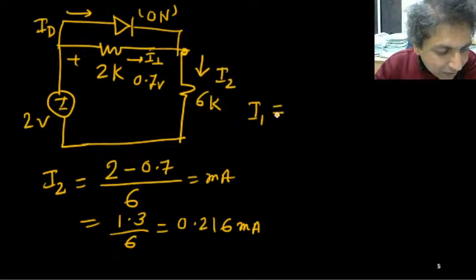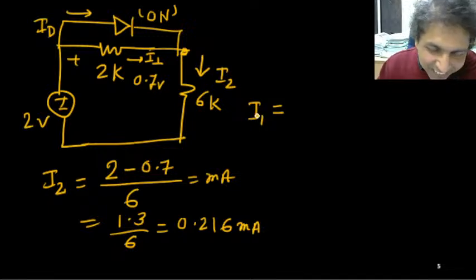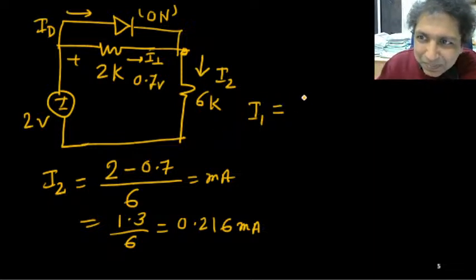So what is I1? I1 is simply the current through the 2 kilo ohm resistance.